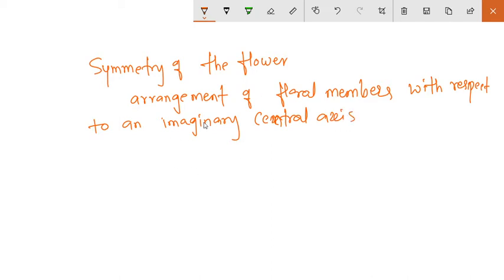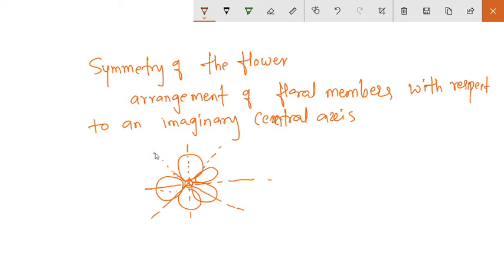Okay. So what is meant by the symmetry? The arrangement of floral members with respect to an imaginary central axis. The imaginary central axis means what? If we take a flower, suppose it is a flower, so this line is the central imaginary axis, the line which passes through the center.